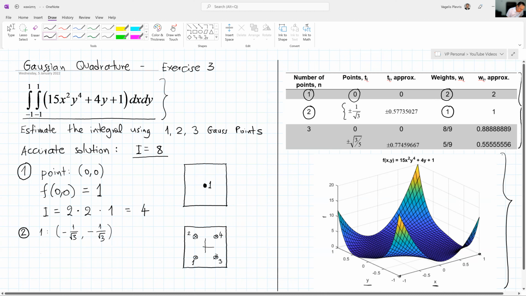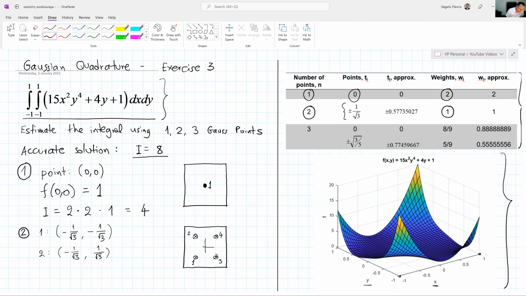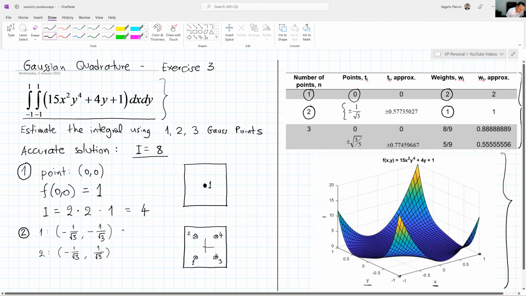Point 2 lies at -1 over square root of 3 for x and then +1 over square root of 3 for y. And similarly, point 3 is at 1 over square root of 3 for x and then -1 over square root of 3 for y.